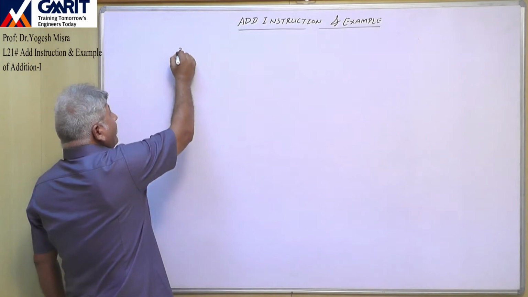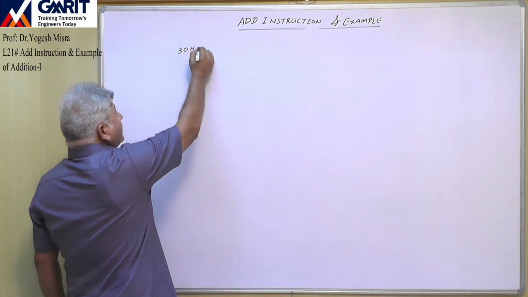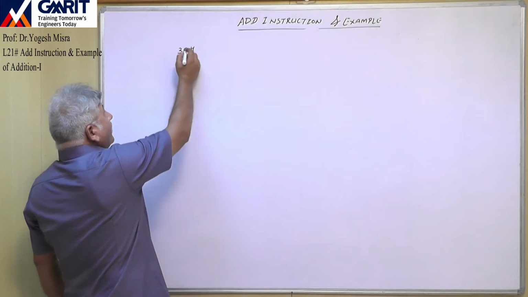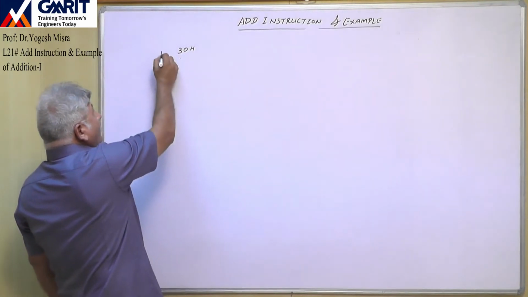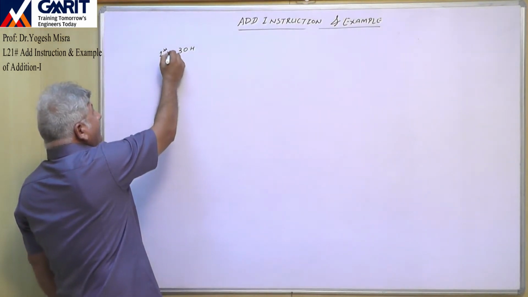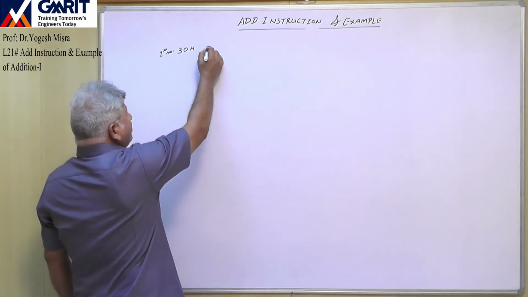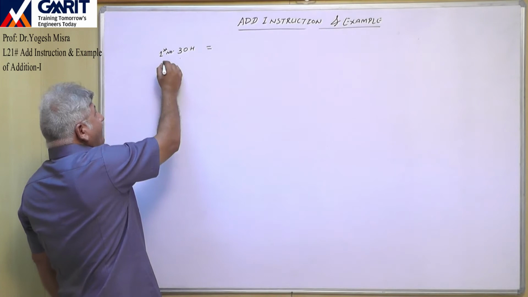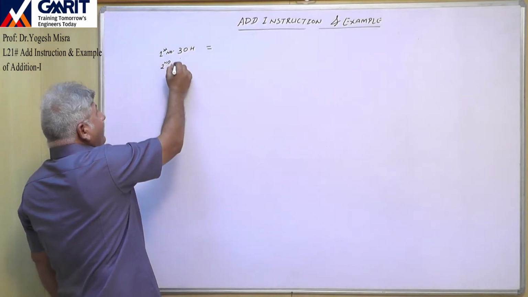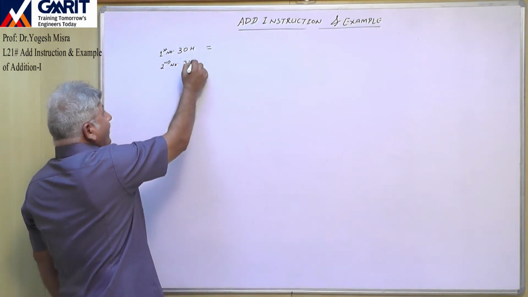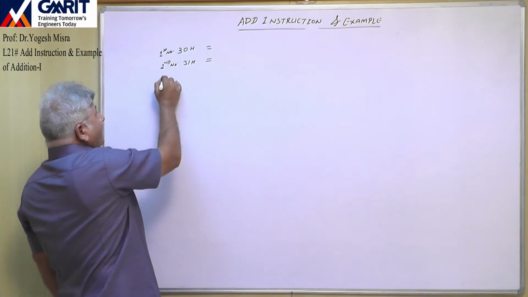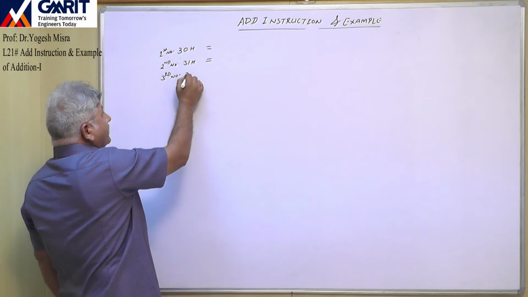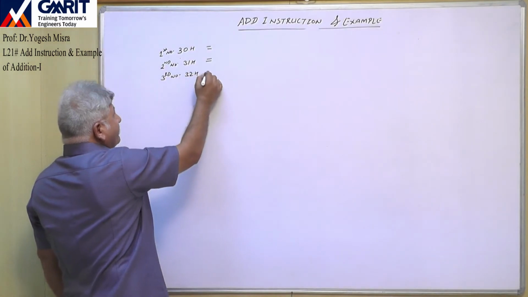We have the first number at 30H, the second number at address 31H, and the third number at address 32H.